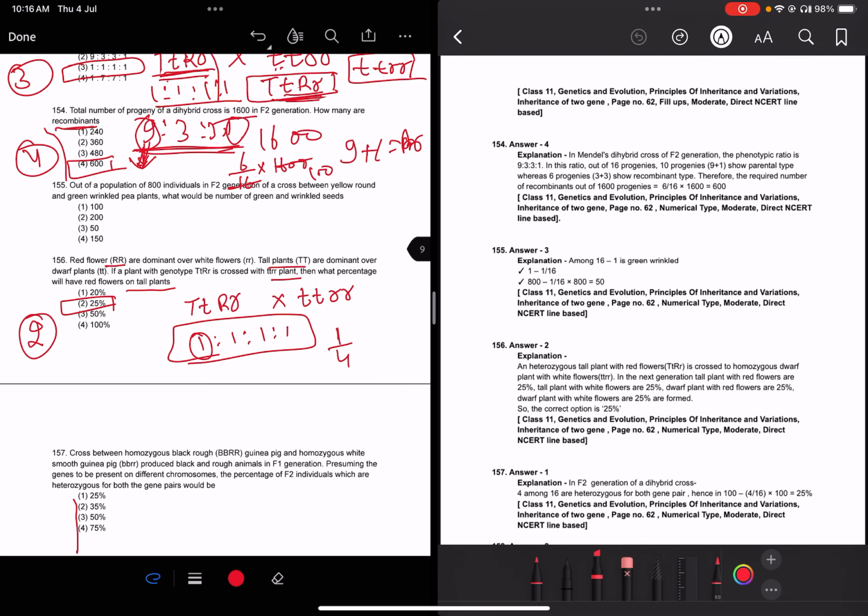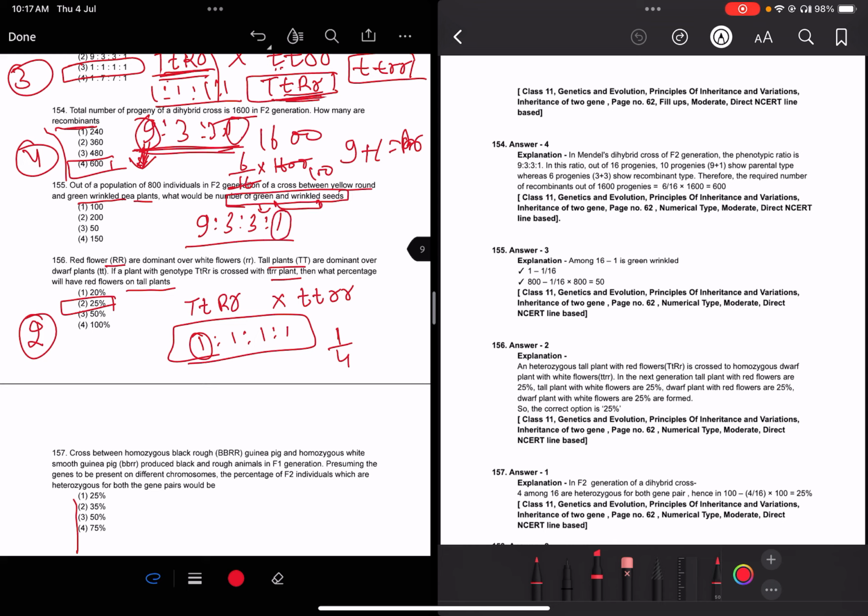Now read question 156. Out of a population of 800 individuals in the F2 generation of a cross between yellow round and green wrinkled pea plants, what would be the number of green and wrinkled seeds? Green and wrinkled seeds are both recessive traits. This is a typical dihybrid cross between yellow round and green wrinkled plants. So write the ratio of the typical dihybrid cross, 9:3:3:1.